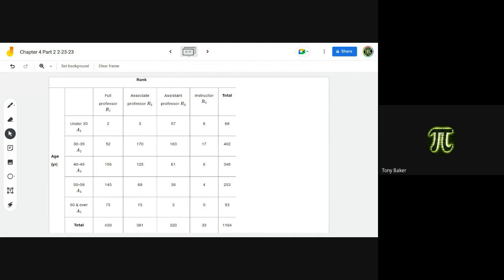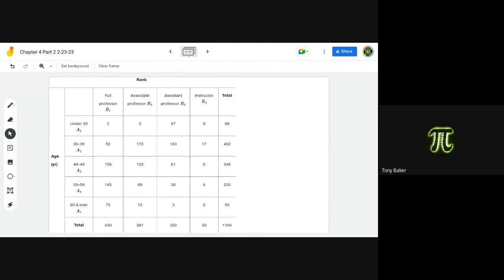What this helps with is a lot of times when we're looking at conditional probability. Before, on Tuesday, when we were looking at probability, we were looking at it always out of the totals. So now, if I said, what are the odds that I'm going to get an associate professor if they're under 30? Under 30. So then it's out of 68.